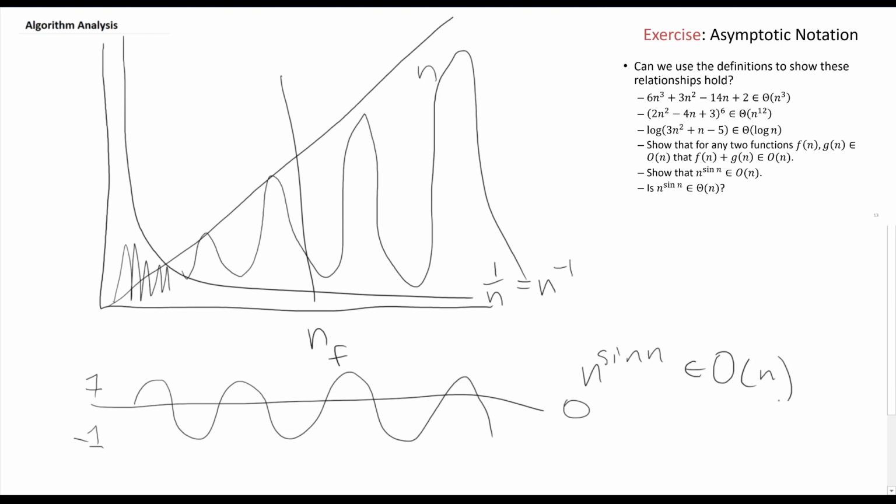But the second question we've asked there is whether n to the sine n is in theta of n. To do that, we would need to show the omega side as well. And these deep dips that it's doing, dipping down to this n to the minus 1, prevent us from proving an omega bound. As a result, this weird function that we've defined here, n to the sine n, is not a great candidate function for a runtime function, first of all.